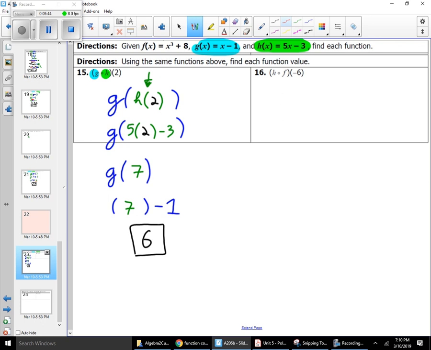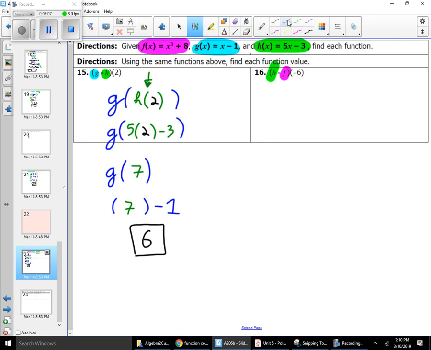Looking at one more example. Now I'm using f. So we'll let f be, I'll use the highlighter purple and actually do the math here. We'll go ahead and make that red, a little bit easier to read. So we have h of f, and f is that guy, and h will be green.